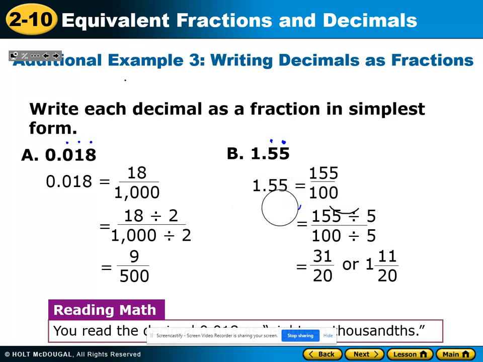Notice they're going to do it different than I did. They made it into an improper fraction, then reduced at the end. I simply kept the 1 out in front and had the 55 hundredths. That works as well. Then you only have to reduce a smaller number.